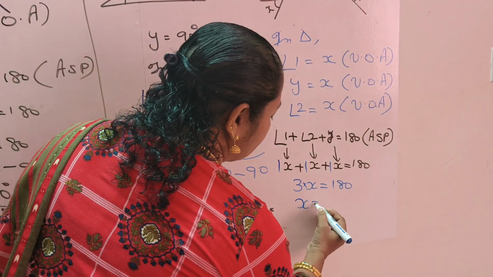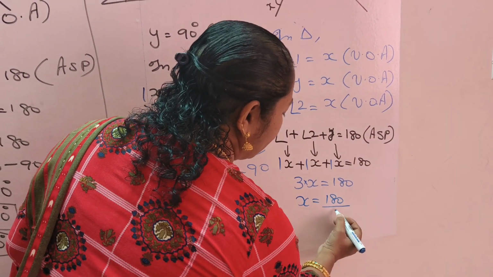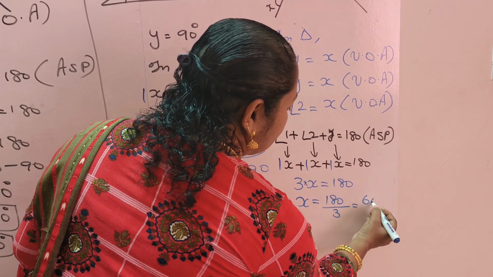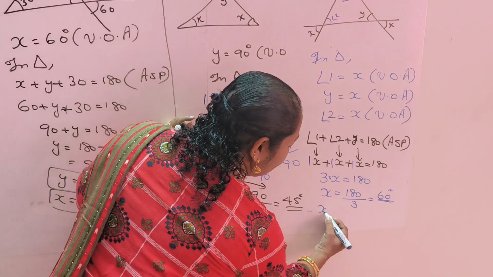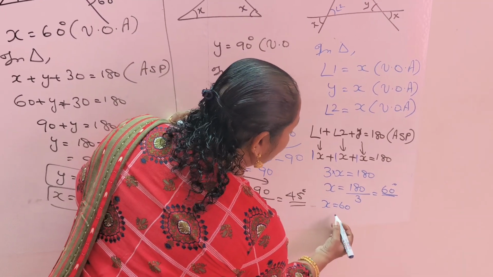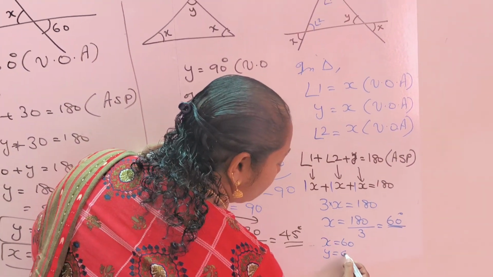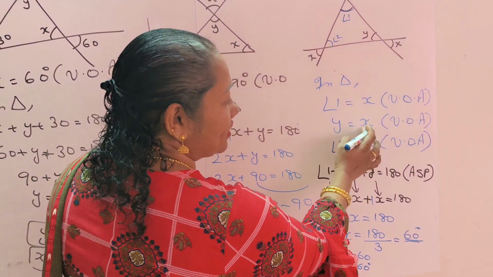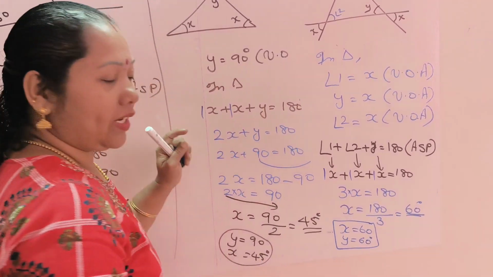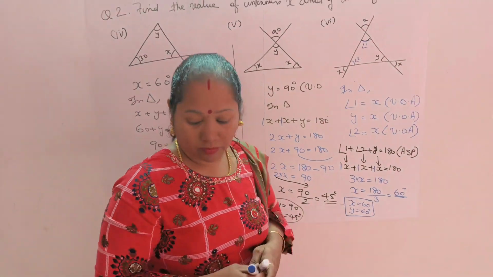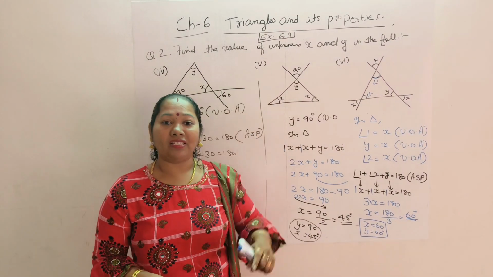So x is equal to 180 divided by 3, that is 60 degrees. The value of x is 60 degrees and y is also 60 degrees because y and x are the same, right? Done. Now we have successfully completed exercise 6.3.